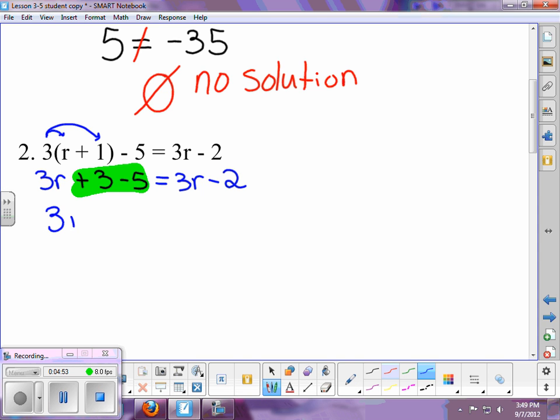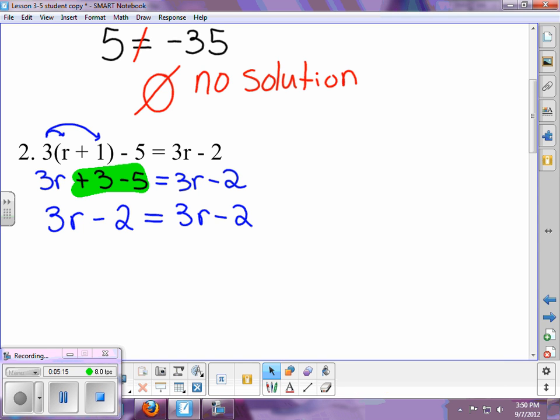That would be 3r plus, well, I'm sorry, that's not going to be plus. 3 minus 5 is negative 2. So when I write that down, it should be read as 3r minus 2. Recopy equals 3r minus 2.